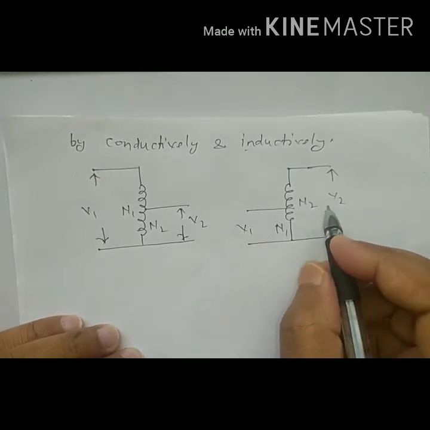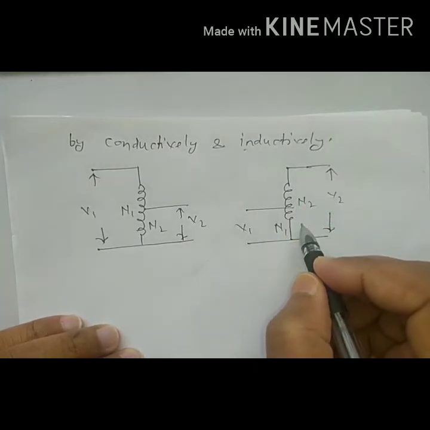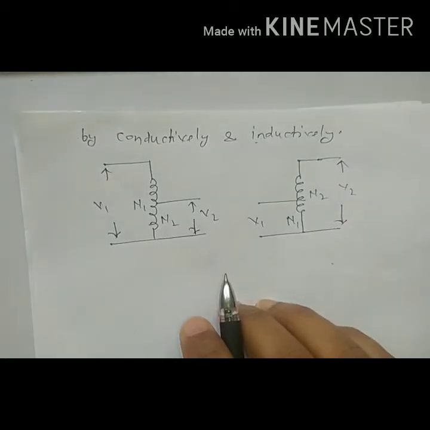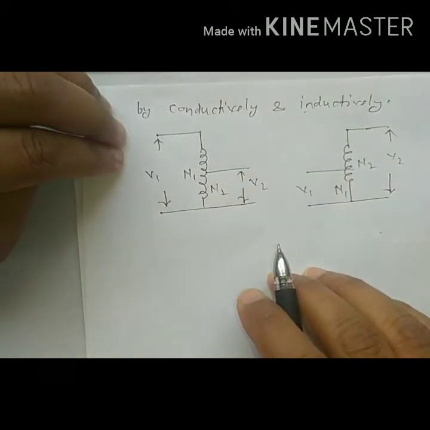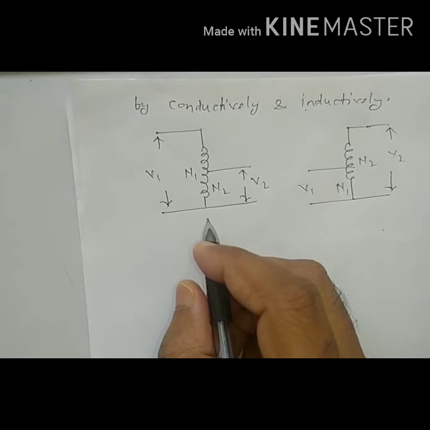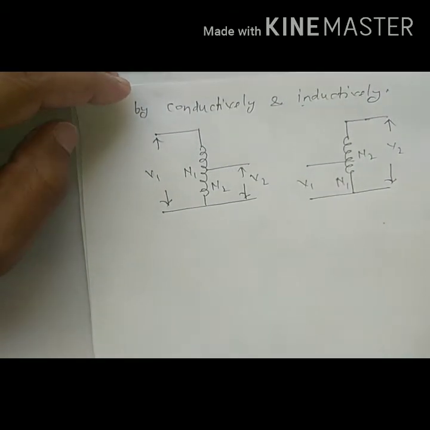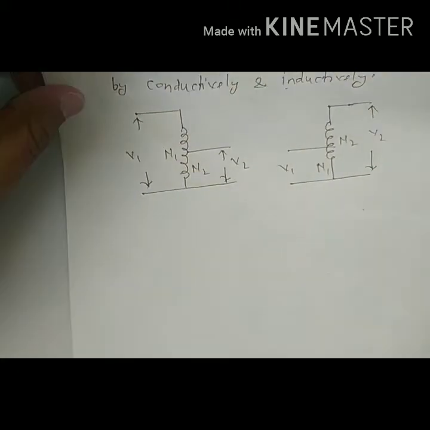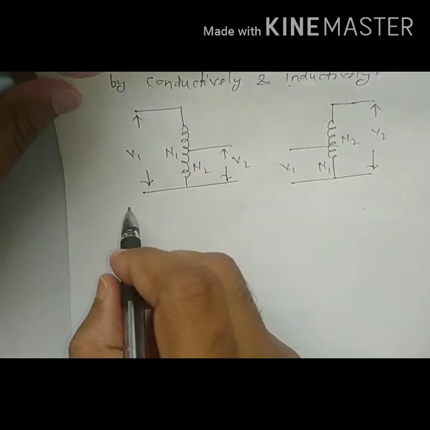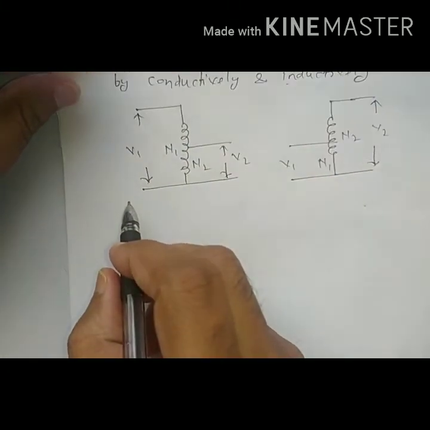It is a step up transformer. More turns on secondary, more voltage. So only informative knowledge is essential as per the syllabus. We are not going for any expression, right?